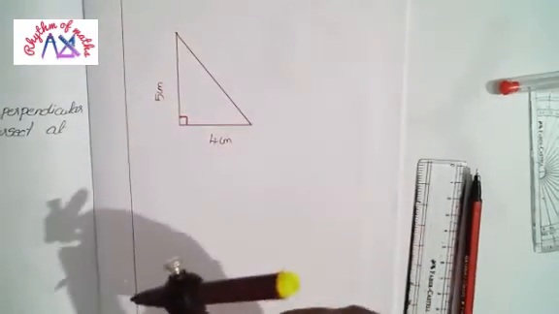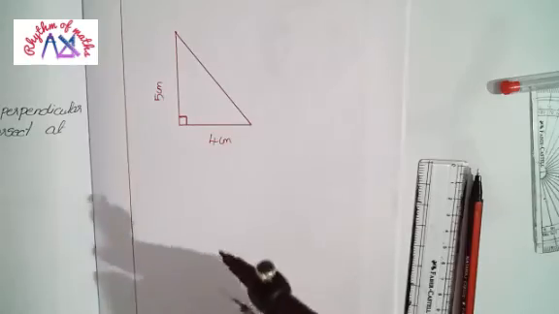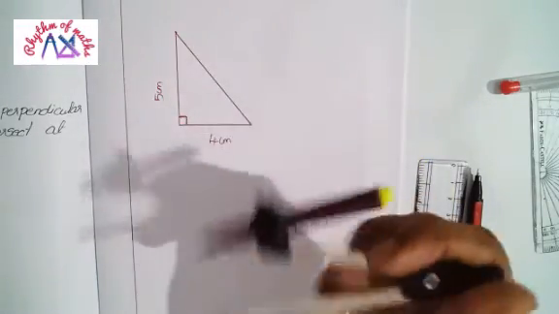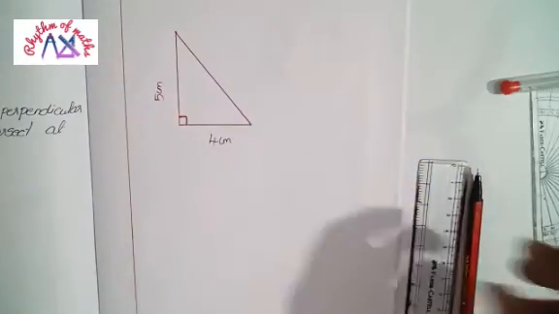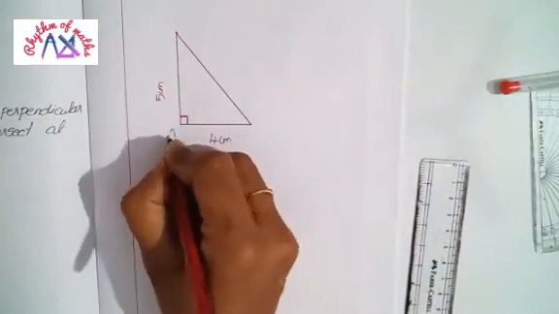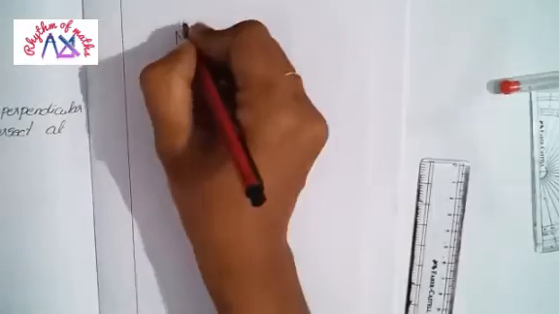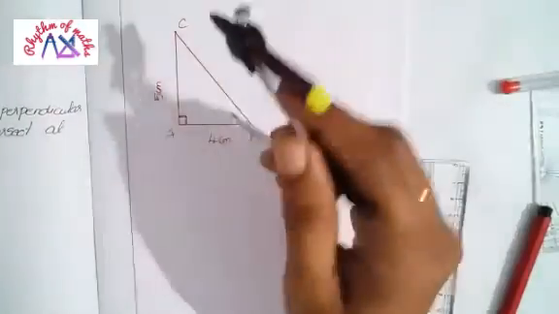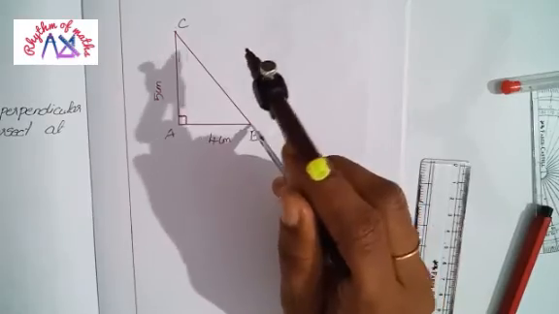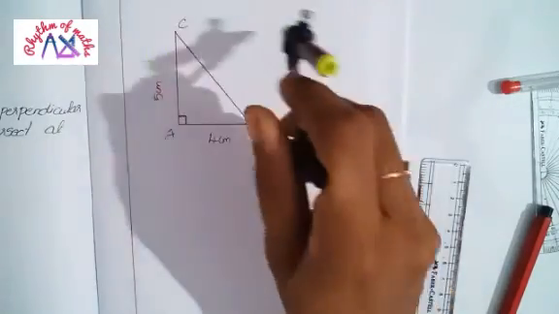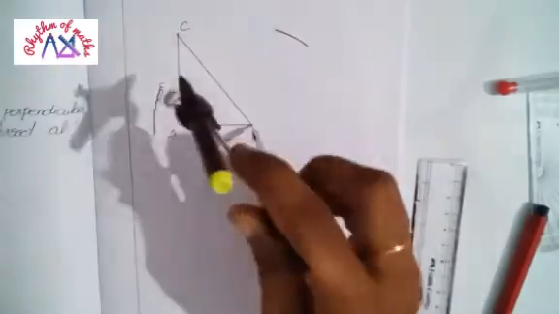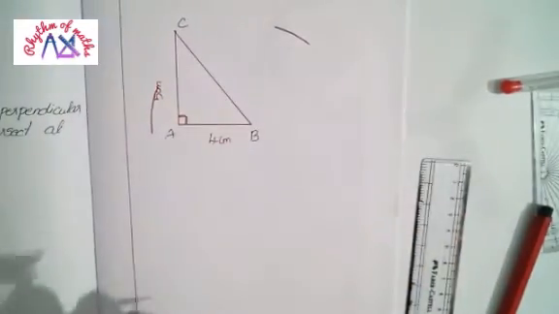And now we are going to draw the circumcircle of this triangle. So the method is the perpendicular bisector of any 2 sides. So let's mark the points as A here, B, then C. Okay. So first let's draw the perpendicular bisector of BC. Keep the pinpoint at the point B and measure more than half. Then draw one arc here and one arc in the upper side and in the lower side.